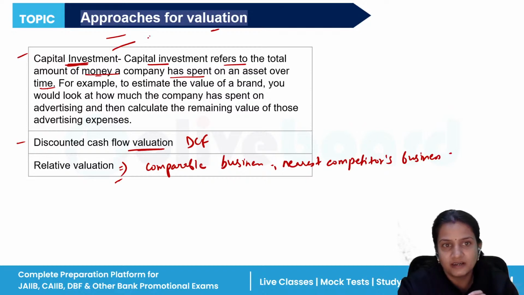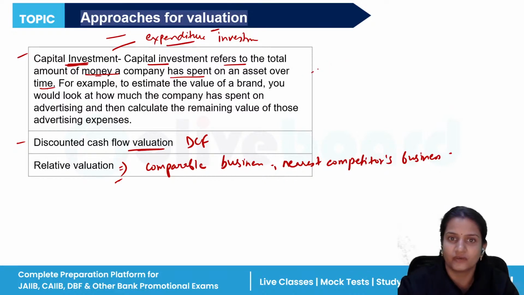We cannot say that it is an expenditure; rather, we use the word investment because you are repairing your assets, making your assets work at a high level. You are purchasing a new asset, replacing your old asset with a new one.